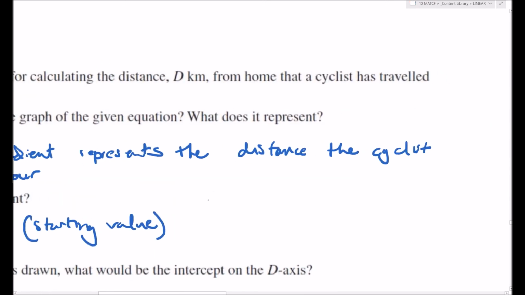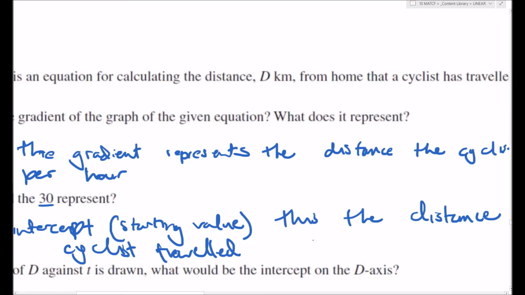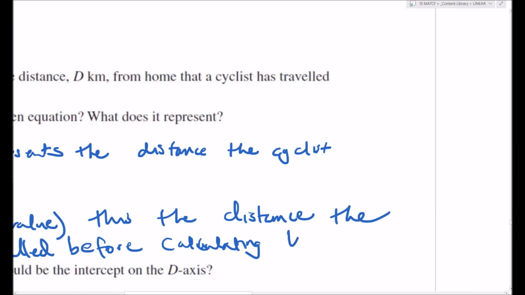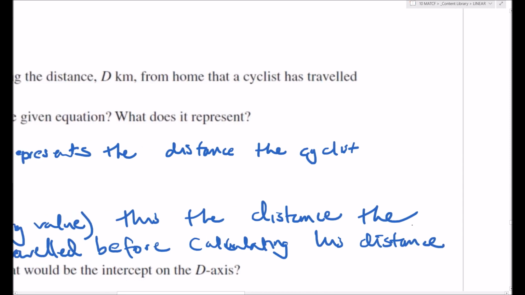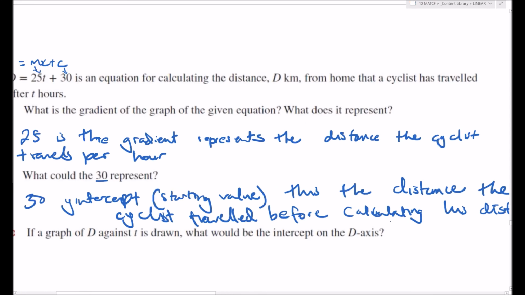So you could say that this is the distance the cyclist traveled before calculating his distance. Okay, so it's the distance he already traveled before he actually started using the formula, you could say.